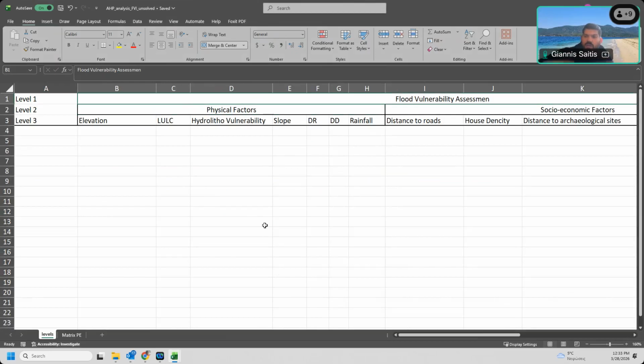If we imagine it as a map, from here we will create the physical factor map, the socioeconomic factor map, and then those two values will join to create the flood vulnerability assessment.